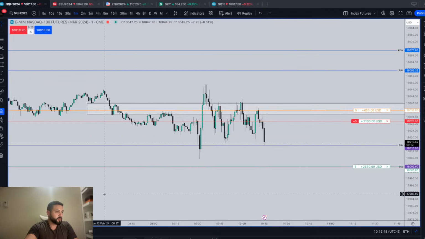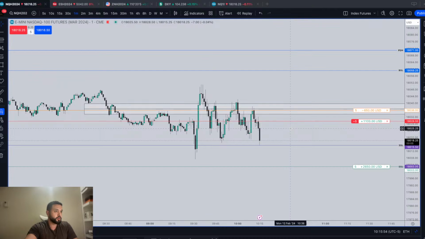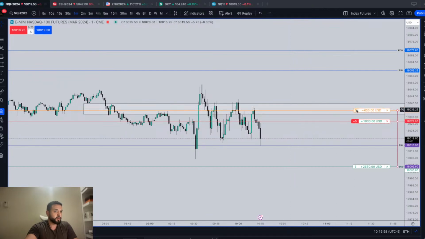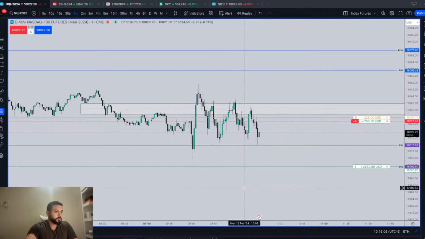I want to see animation now to the downside. I want to see aggressiveness. I don't want to see this slow price action. To be fair, I don't even want to see this pullback. I'm gonna move my stop just there, just above that volume imbalance. I don't want to see it mess around now.